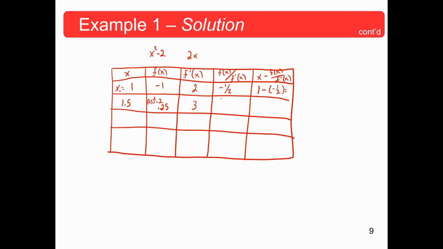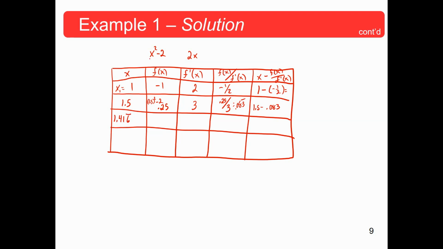And then I do 0.25 divided by 3, which is going to give me 0.083. And then I do 1.5 minus 0.083, which gives me 1.416 repeating.